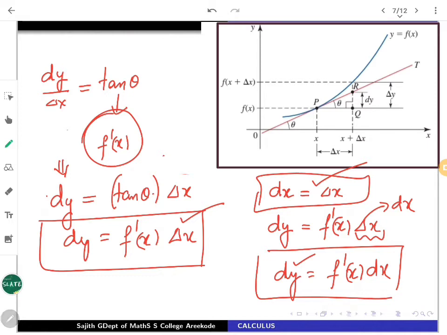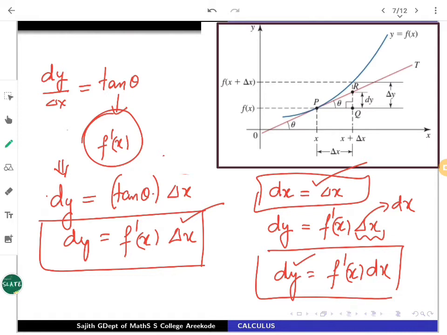This is the whole moral. And obviously you have to note that delta x is the same as the differential dx, but for the dependent variable, dy is different, by the formula given.